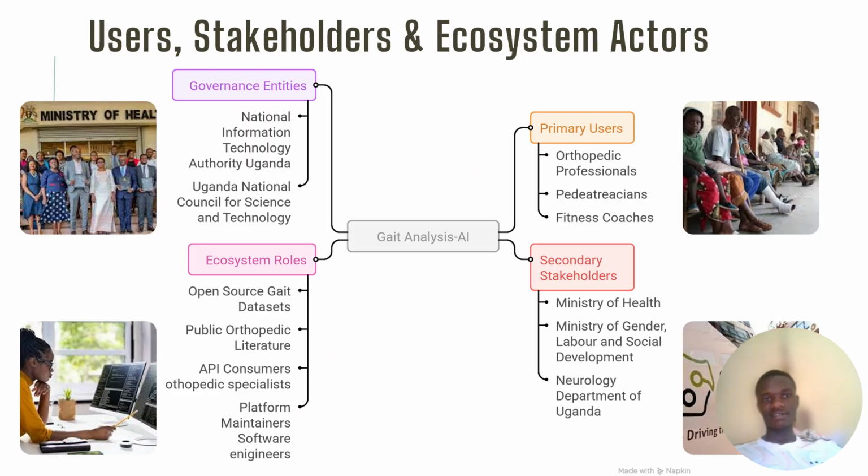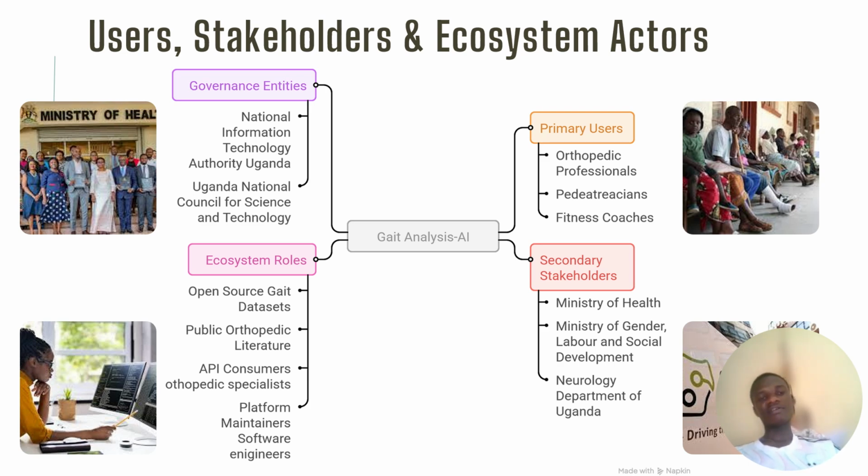The key actors and stakeholders that will be interacting with our system include primarily orthopedic professionals, fitness coaches, and pediatricians. Secondary stakeholders will include collaboration agencies like the Ministry of Health, Ministry of Gender, and Neuro departments of Uganda.